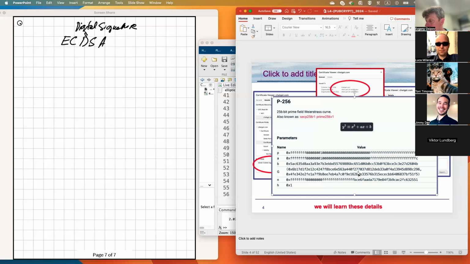This algorithm, for example, is used to verify some certificates.